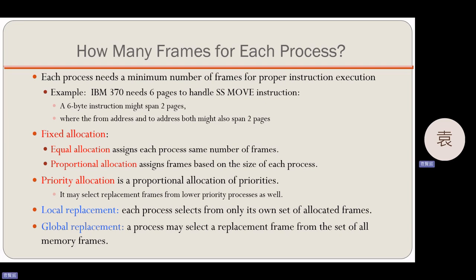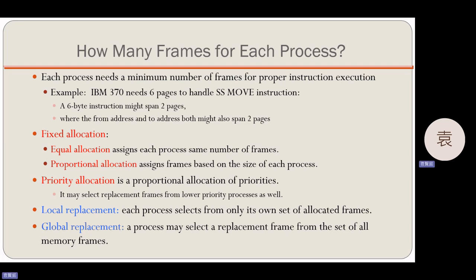Okay, and for the priority allocation mechanism, it may allow a process to select a replacement frame from a lower priority process if the low priority process has more page frames, and so on.